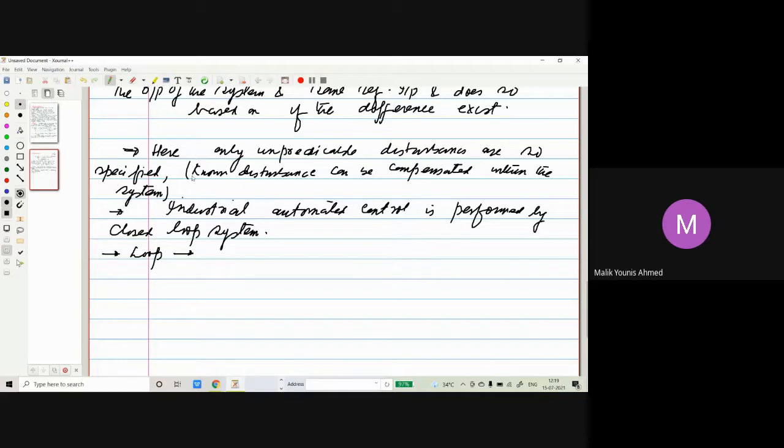So loop is derived from the fact that once the command signal is given, or it is entered into the input, it will travel around the loop.